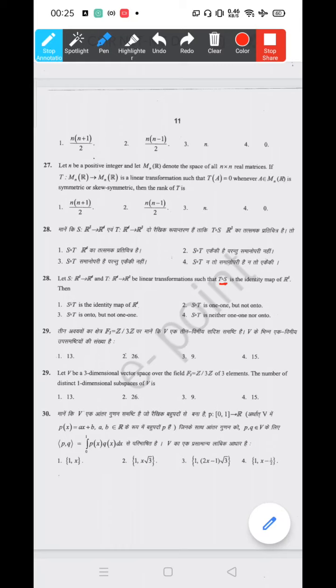If I take the identity function, then everything is true. That is option 1. That means actually T and S are inverses of each other. So does that mean S and T are also inverses of each other? No, actually here the ordering is different.